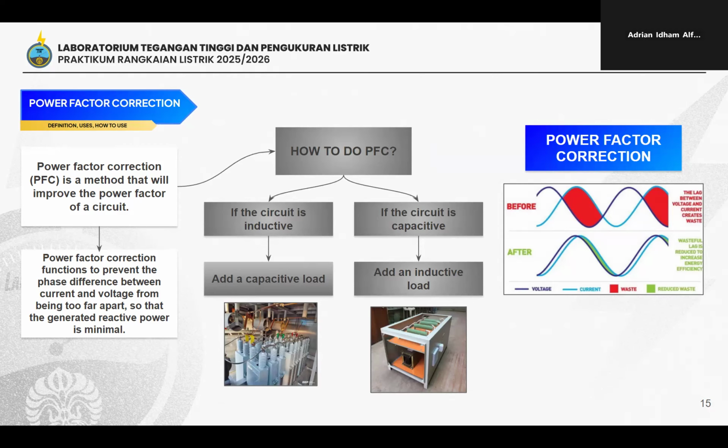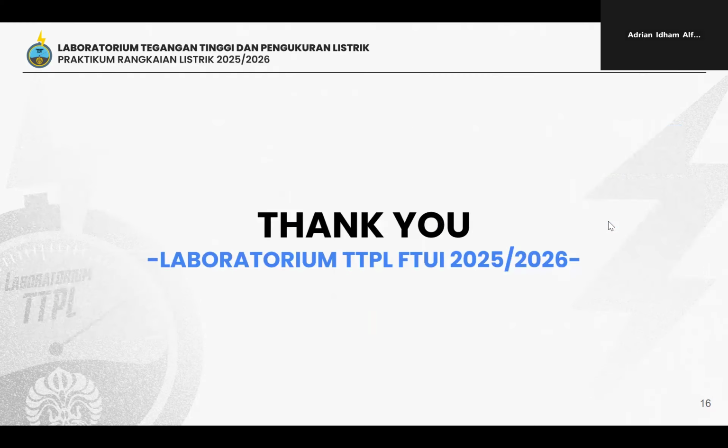First, if the circuit is inductive, we have to add a capacitive load. But if the circuit is capacitive, we have to add an inductive load. And this is a power factor correction. This is before we give power factor correction, but this is after we give PFC, and there are differences within this picture. Okay, thank you for your attention.